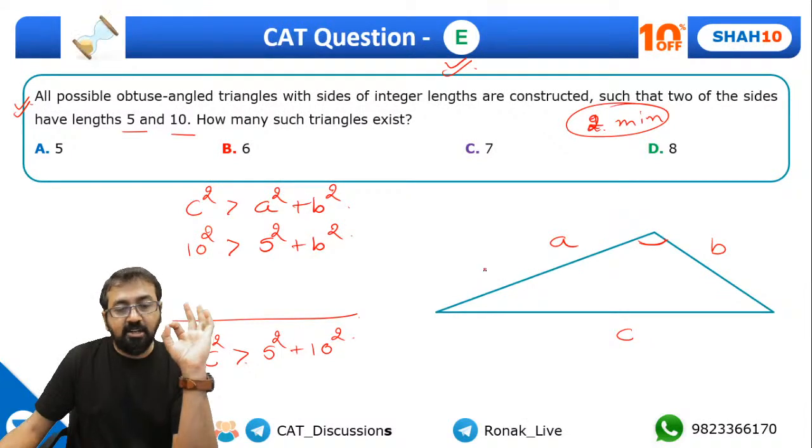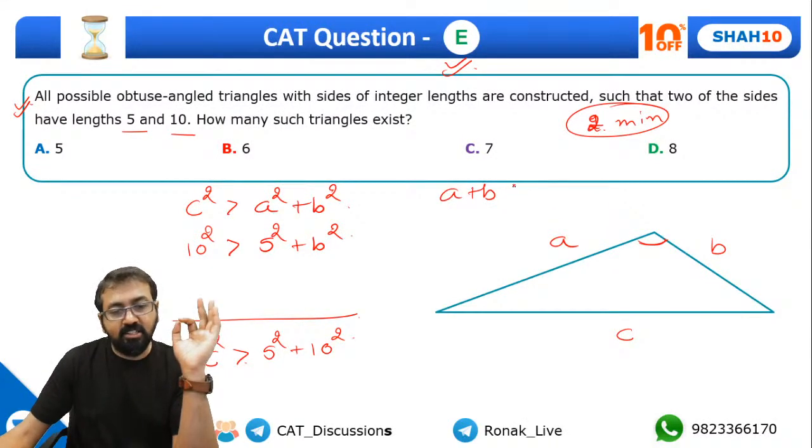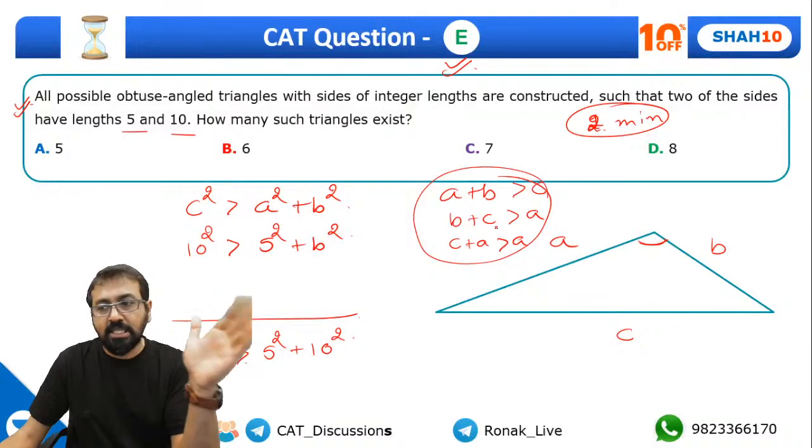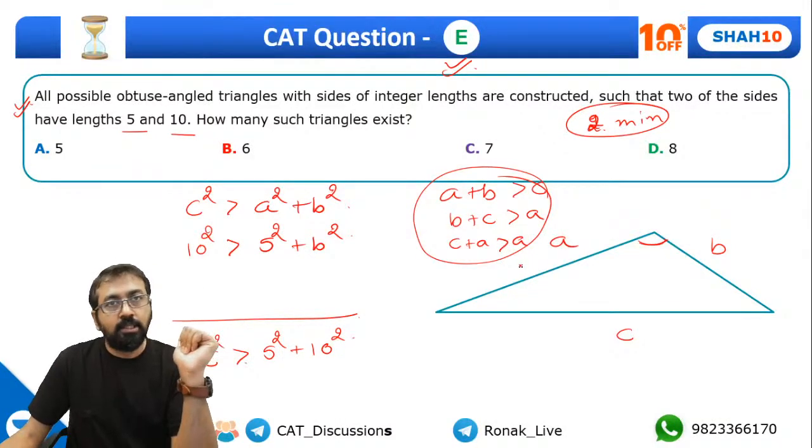Remember that the sum of any two sides has to be greater than the third side. That property will always be there. This has to be always satisfied, because that's the basic condition for a triangle to be formed, right?